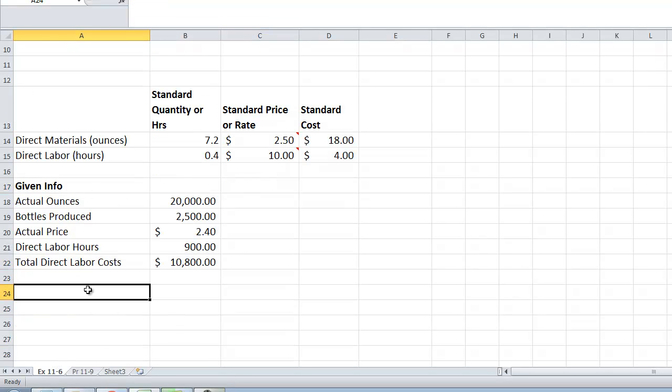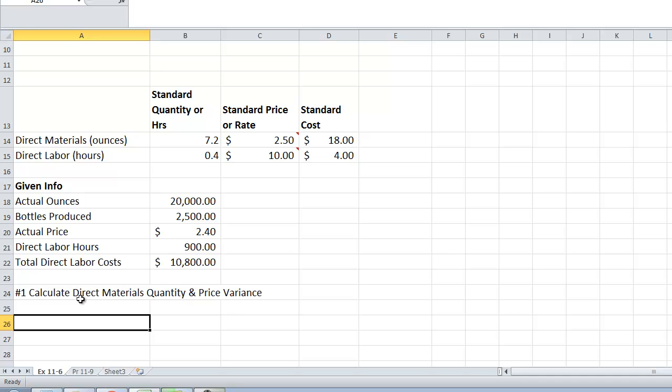Now, number 1, calculate direct materials quantity and price variance. So, quantity variance. Find the standard quantity.